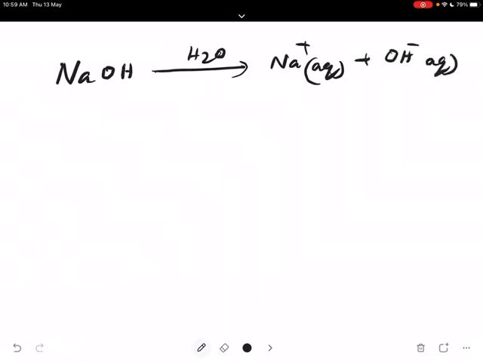So in presence of water, NaOH also splits into ions, Na plus and OH minus ions. So in presence of water, a base produces OH minus ions.